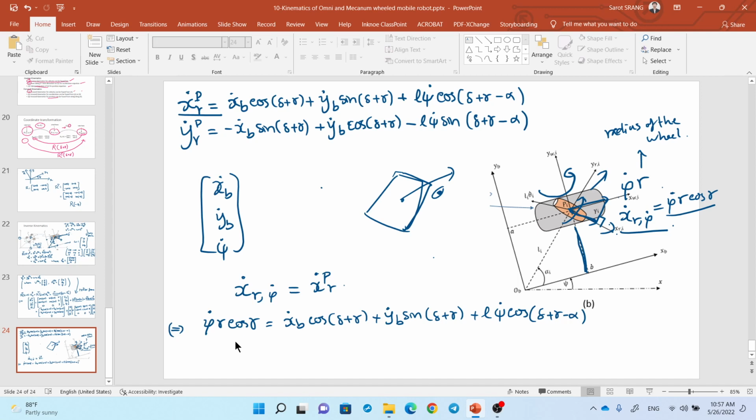Then we can write phi dot equal to 1 over R cosine gamma times cosine delta plus gamma. I write like this.